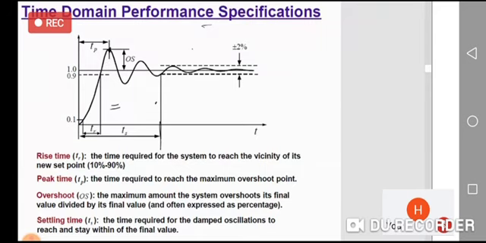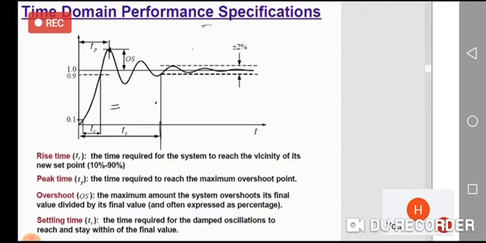Second order transient response has 4 characteristics: rise time, settling time, peak time, and overshoot. ठीक है? ये different values हैं.